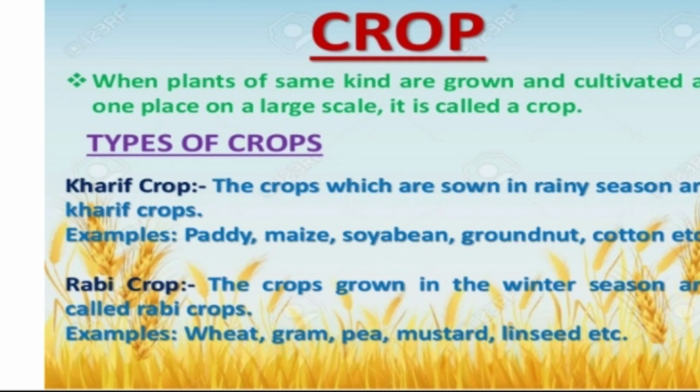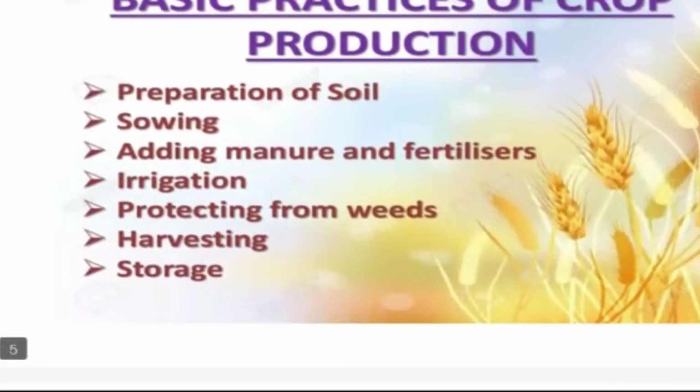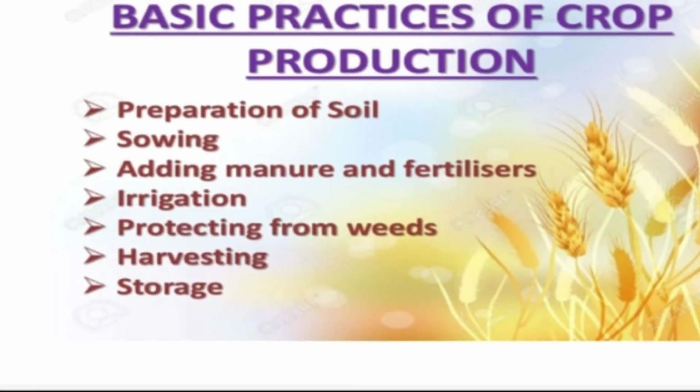Rabi crops are grown in the winter season. Examples: wheat, gram, pea, mustard and linseed. Moving on to the next slide, the basic practices of crop production: preparation of the soil, sowing, adding manure and fertilizers, irrigation, protecting from weeds, harvesting and storage.